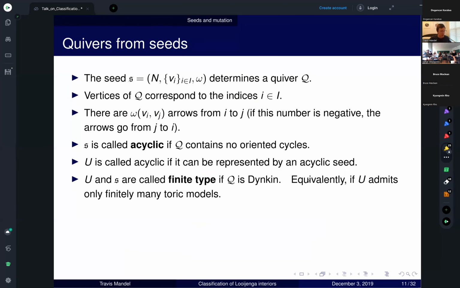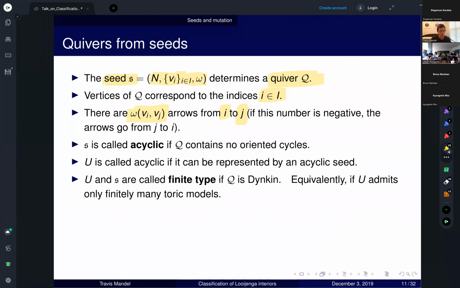For our purposes, I'll allow the seed to be this, that is N, these VIs and omega. I won't pull back to N tilde. It won't really matter for us. We'll call this data a seed, and the data of a seed determines a quiver Q. Basically, the vertices of Q will correspond to the indices of this set I, and the number of arrows from a vertex I to a vertex J will be given by omega of VI, VJ.